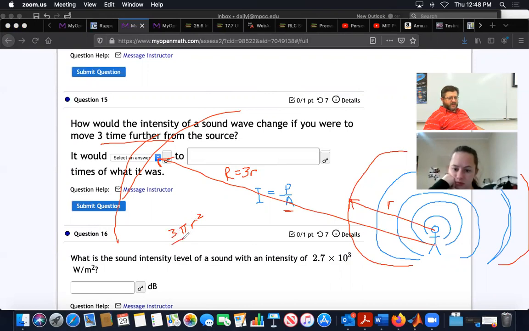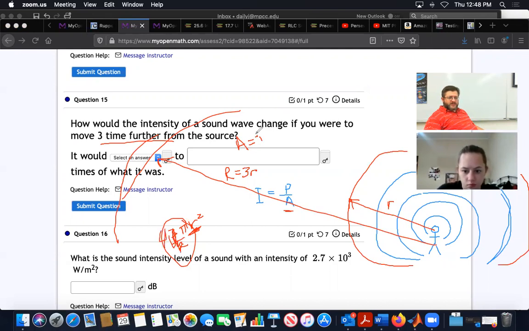I don't know exactly what the numbers are out in front, but the area increases as the radius squared. So if we go from r out to 3r, the area of this big one is going to go like, no, it's not. I know what the area is. It's not 3/2. It's 4 times pi r squared.